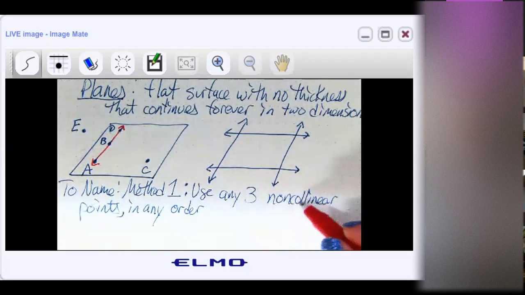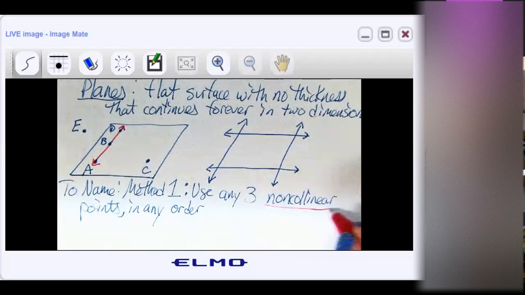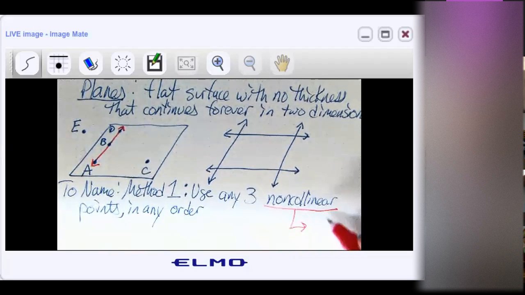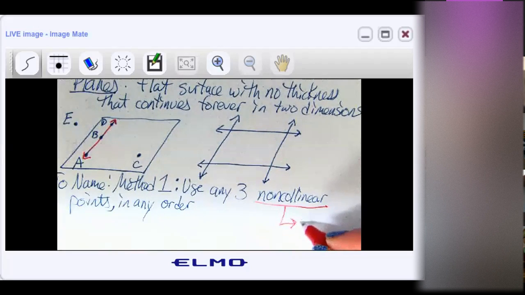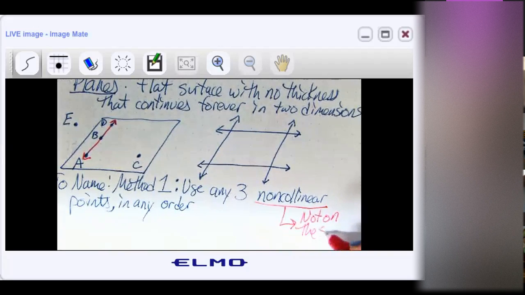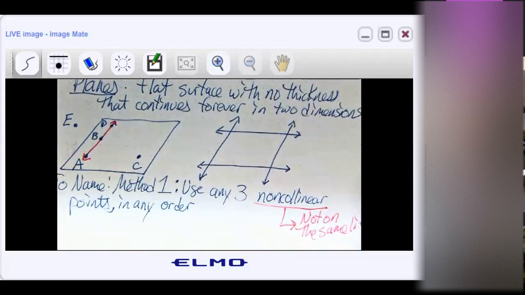So non-collinear is just our super fancy geometry way of saying not on the same line. Okay, so let's just verify that non-collinear means not on the same line. So naturally, collinear would mean that they are on the same line, right?